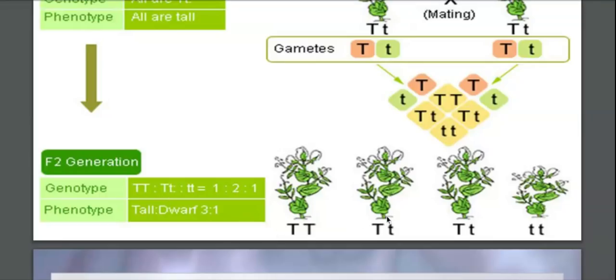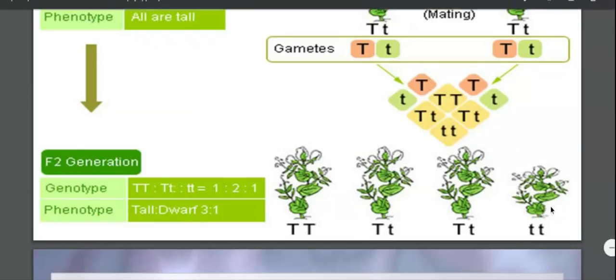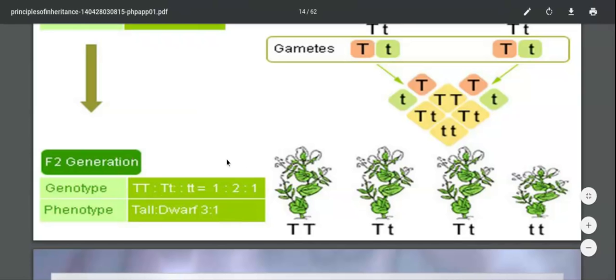Two are heterozygous tall because they have two different alleles. Okay, so this is this proportion, and this one is dwarf, homozygous dwarf. Okay, so please note that the phenotypic ratio is 3 is to 1, but the genotypic ratio is 1 is to 2 is to 1. Okay, so this is important.